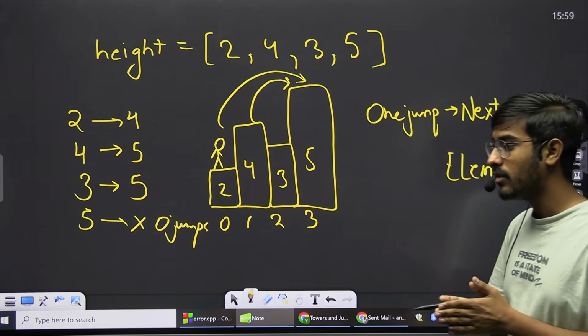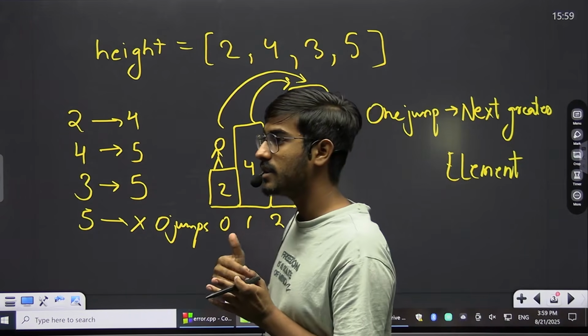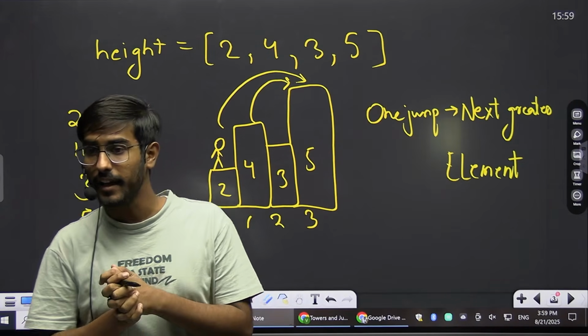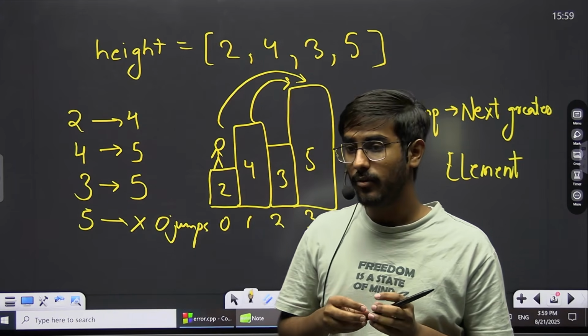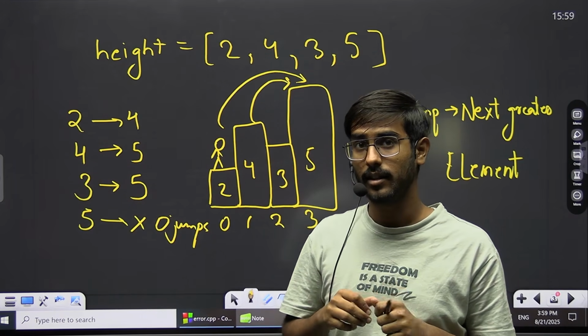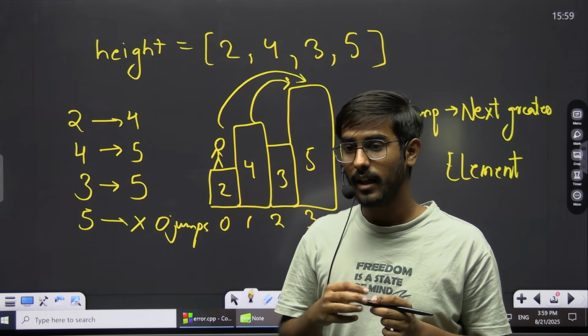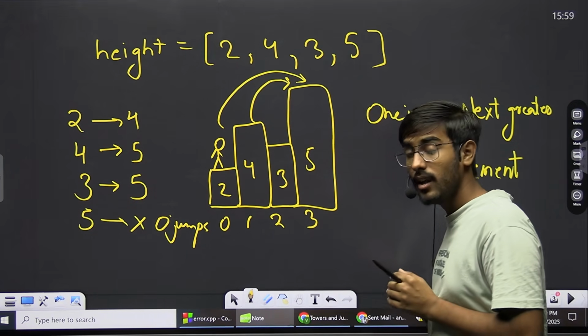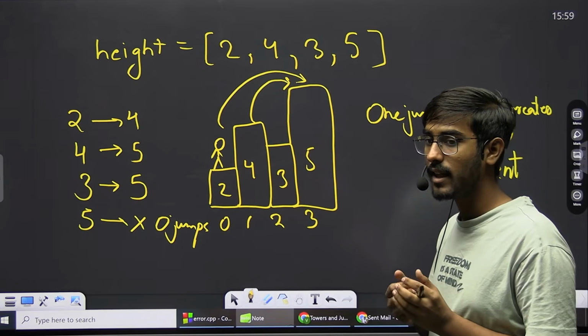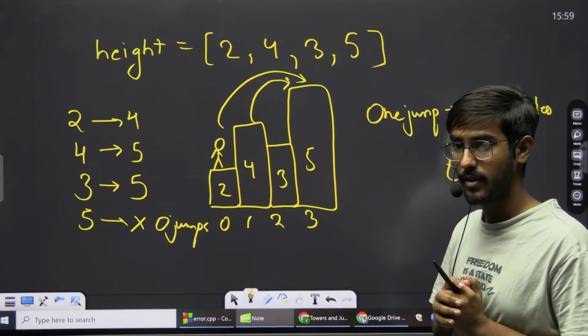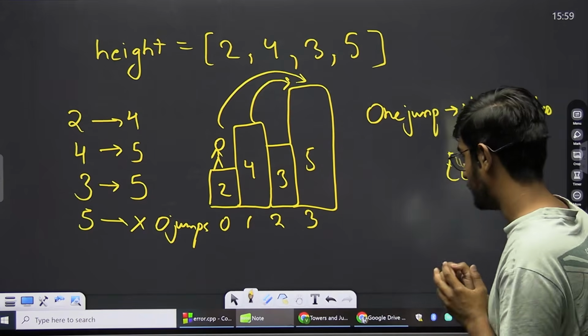Now what is asked of us in this question? We are given a query array, and for each query, let's say 3 is given, then we have to tell the number of people who can reach a maximum height greater than or equal to 3.